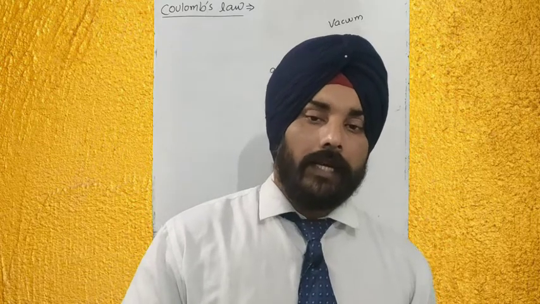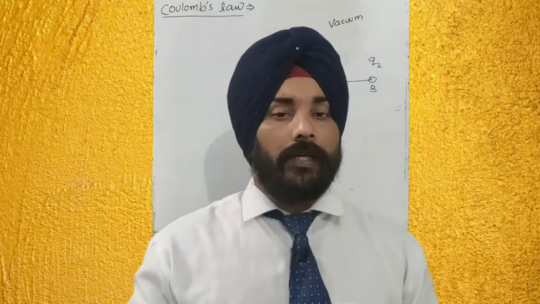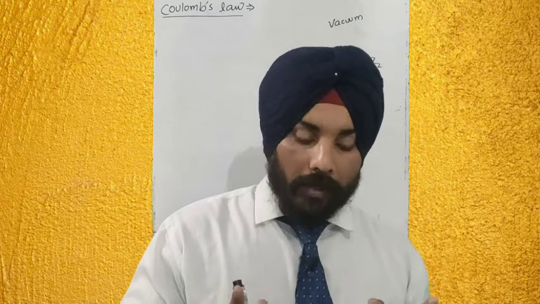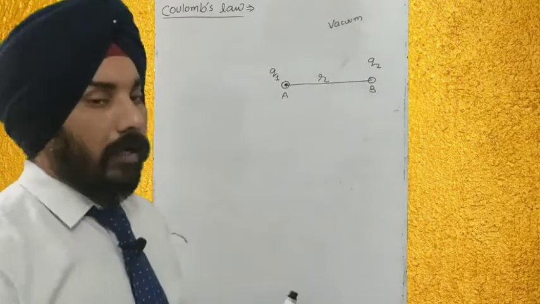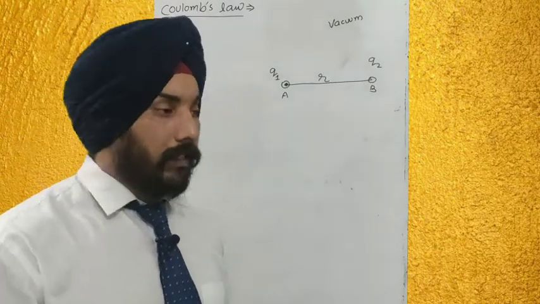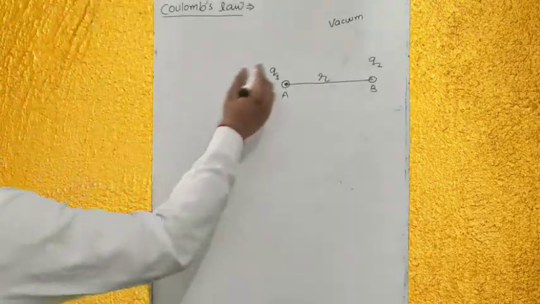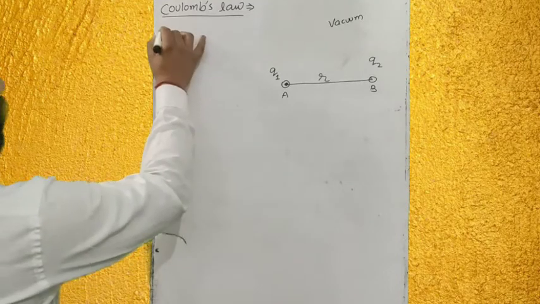Simply we can say it is a force of interaction between them, because whether it is repulsion or attraction depends upon the sign of the charges. So what will be the sign of the charges, whether they are like charges or unlike charges. Okay, so let's write the statement first.